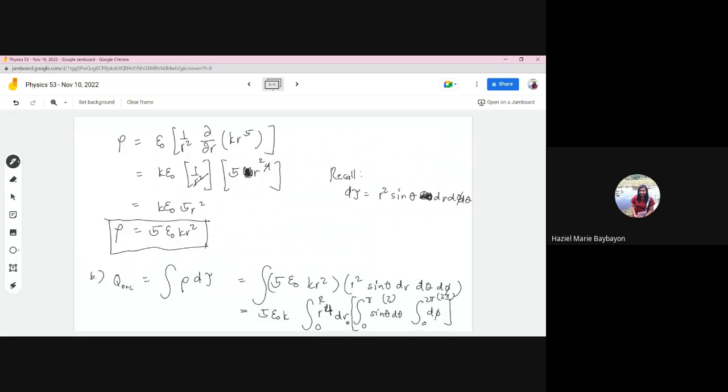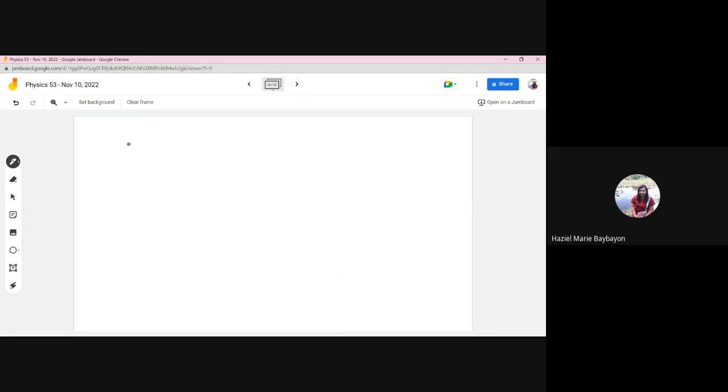Which one? What is the integral of this? R to the fifth over 5. Okay, very good. So you have 5 epsilon naught k times R to the fifth over 5 from 0 to R, multiplied by 4 pi.